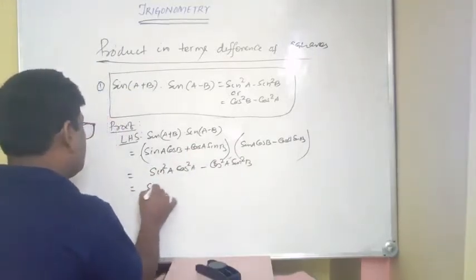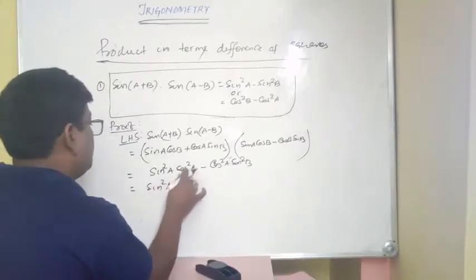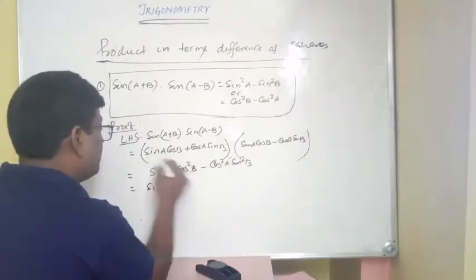This is equal to what? Sin square A and cos square B. Clear?